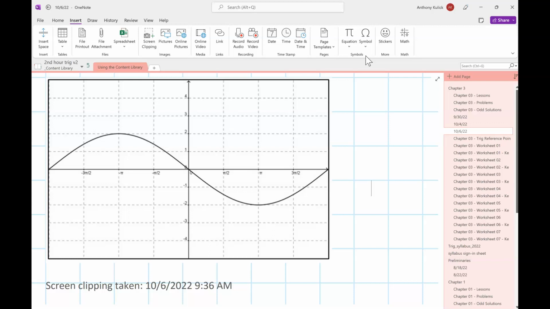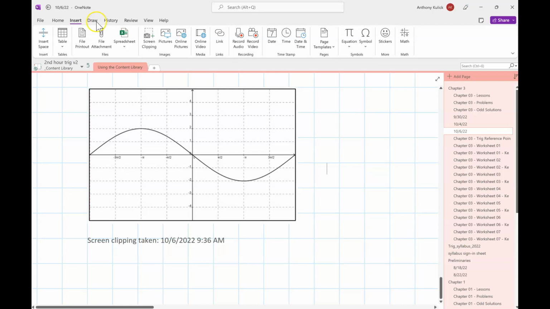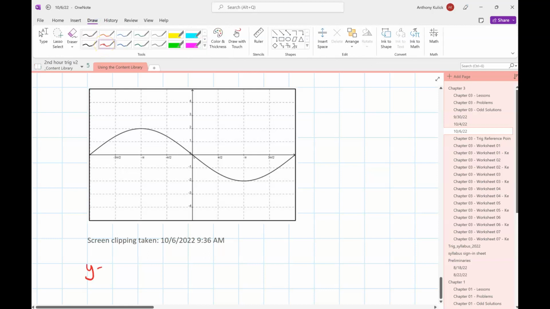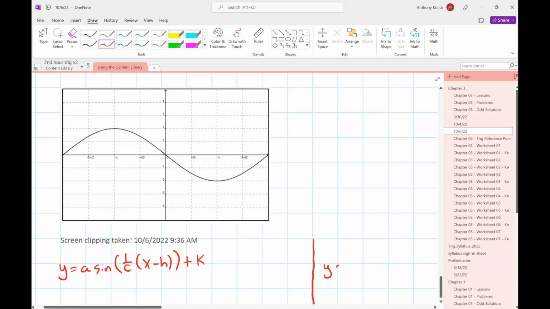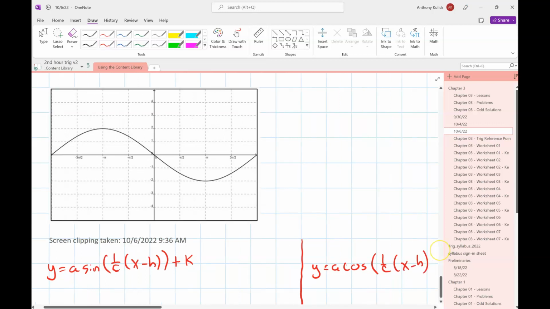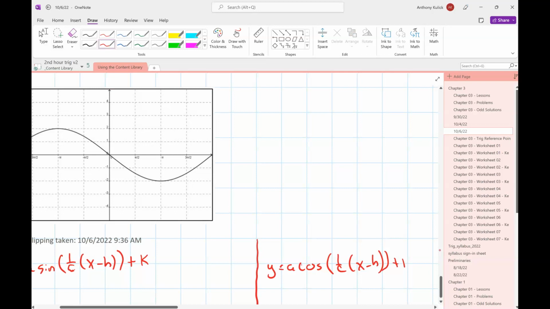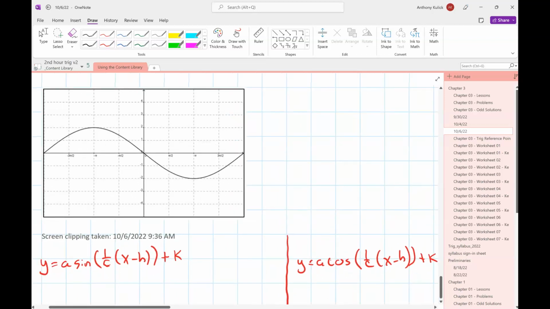So that means I'm either going to write y equals a times sine 1 over c x minus h plus k, or y equals a times cosine 1 over c x minus h plus k.